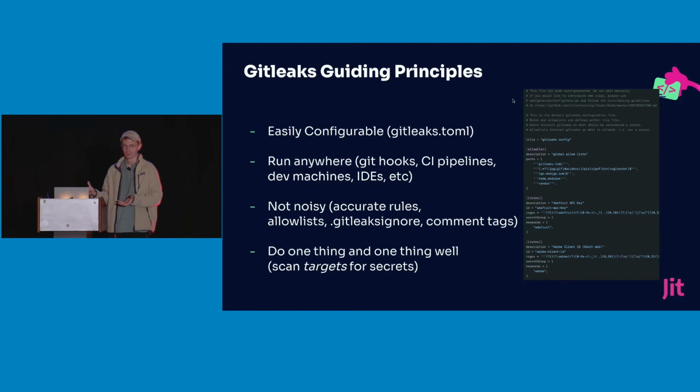I have a couple of blog posts on that, which I don't know if it's linked in here or not, but if you click on one of the links on the website, you'll be able to find it. And then the last thing is it should do one thing and do it well, following the Unix principle. And that one thing is scanning targets for secrets.